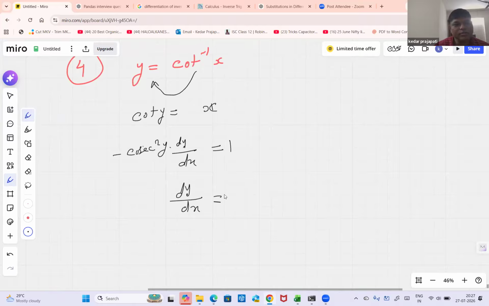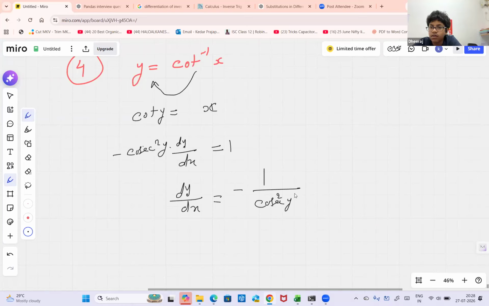So now dy by dx is minus 1 by cosecant square y. How will you write this now? Which identity can you use?